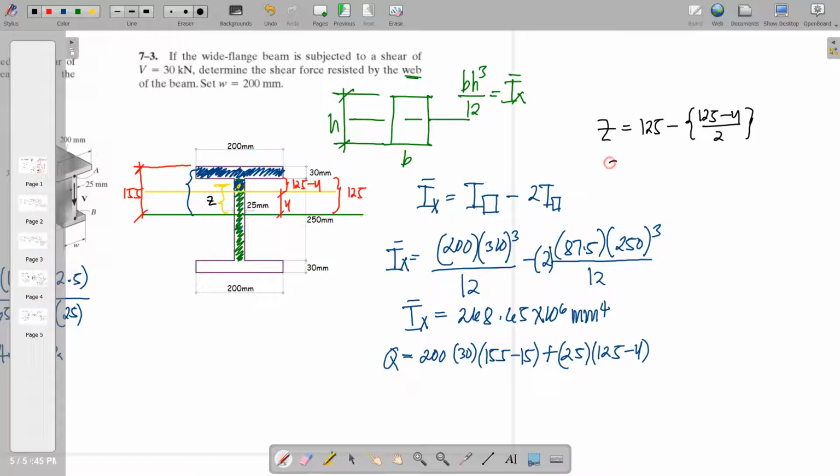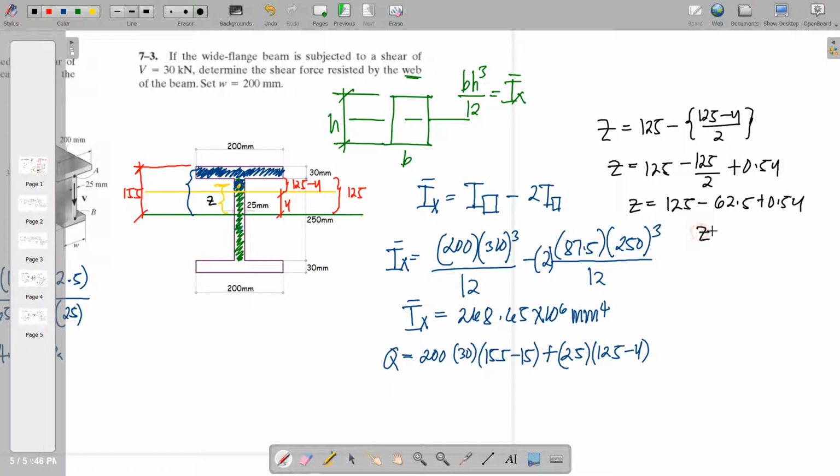So we simplify that. 125 we distribute, that is 125 all over 2, plus y over 2, which is 0.5 of y. So simplifying it further, z, we just copy that one, and then half of 125 is 62.5 plus 0.5 of y.